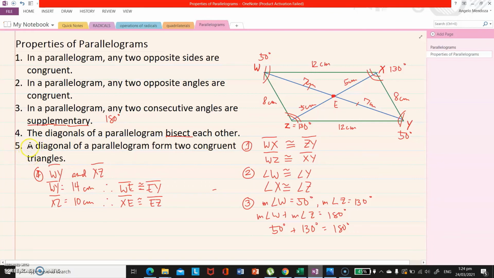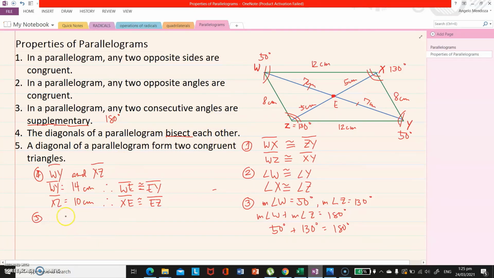Next, number 5. The diagonal of a parallelogram form two congruent triangles. Number 5. So, halimbawa yung ginamit natin is yung diagonal WY or line segment WY.